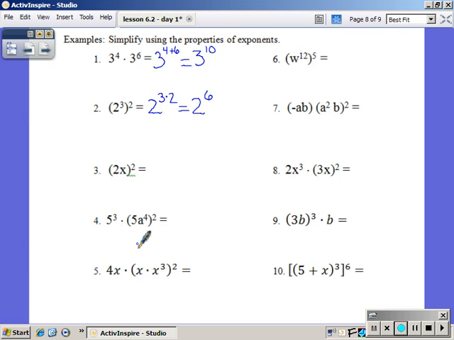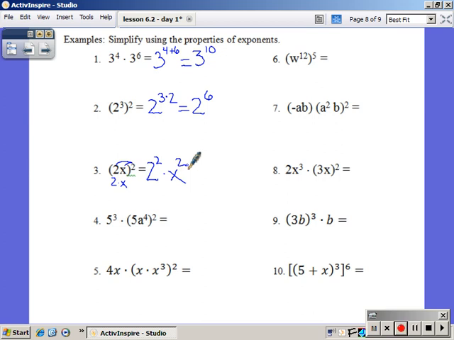For number 3, you have a set of parentheses being raised to an exponent. It's either power of a power or it's the power of a product. Well, what's inside? It's a product. This is really 2 times x. So this exponent of 2 needs to be distributed to each factor. So I will have 2 to the second times x to the second.